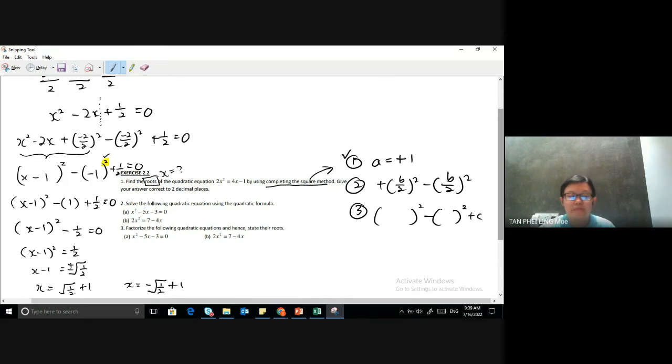Am I right? Here you press the calculator because they want 2 decimal places. So 2 decimal places, calculator. What do you get here? Square root half plus 1. Can I have the answer, please? Anyone with a calculator here? My calculator is in my bag.